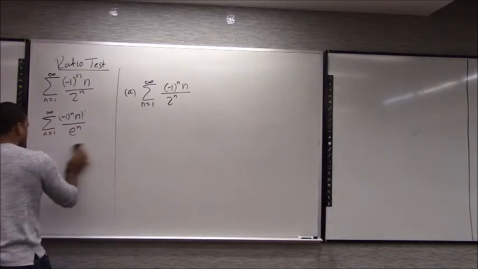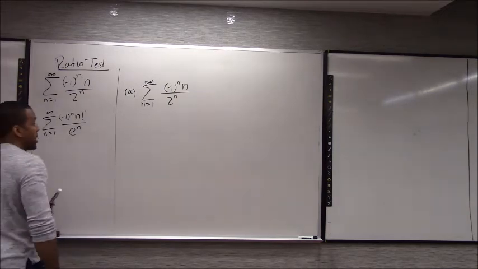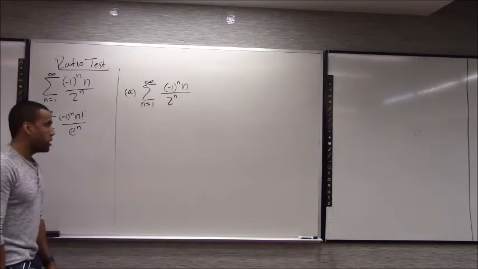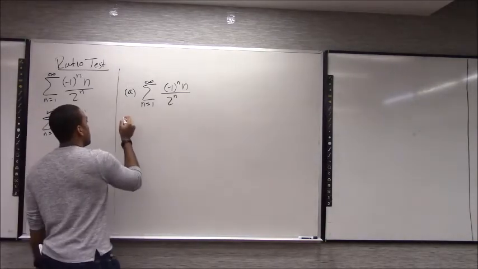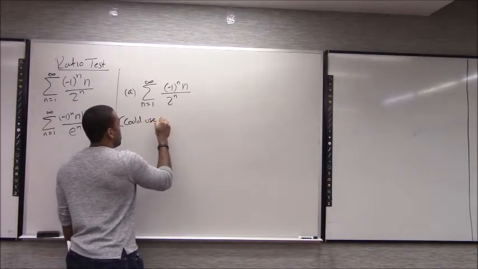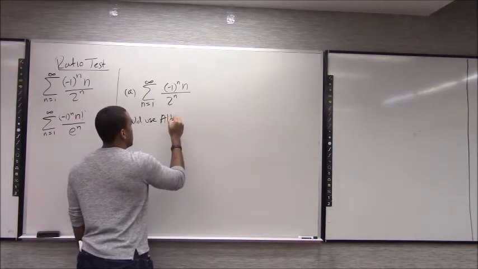That is not going to be as comprehensive as the ratio test, and we'll talk about in what sense that is. But just so you know, you could use the alternating series test here.